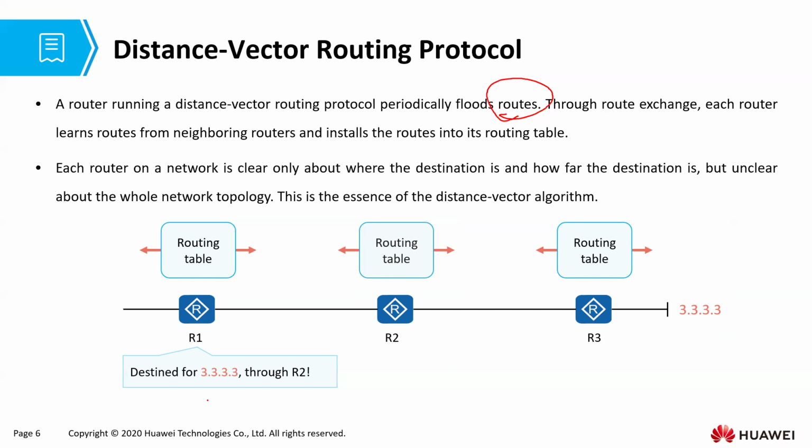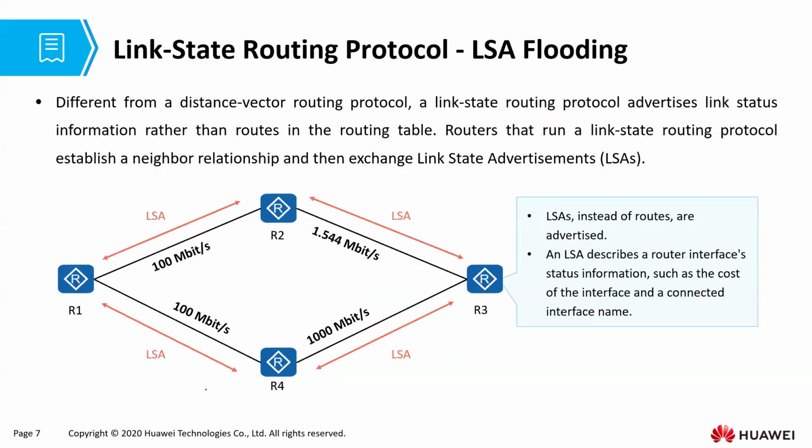So you can see from here, the direction is through R2, if I want to get to that network, 3.3.3.3. That is what a distance vector routing protocol shows you. In what direction am I going, through R2, to this network? It basically advertises routes. That is what defines a distance vector routing protocol.